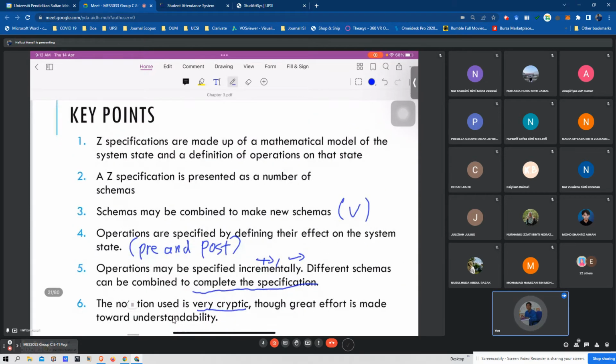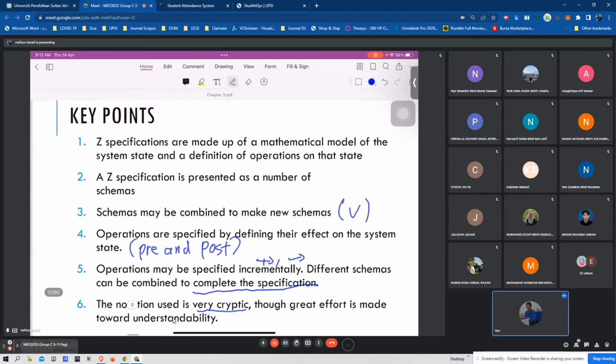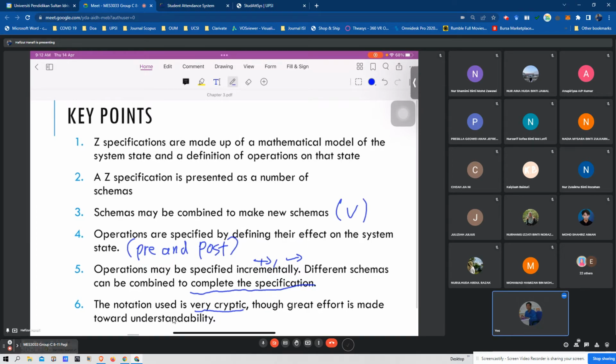Okay, for the key points: Z specifications are made up of a mathematical model that defines the system state and system behavior, and also some definitions of operations on that state. And then a Z specification is presented as a number of schemas. Schemas may be combined to make a new schema by using disjunction.